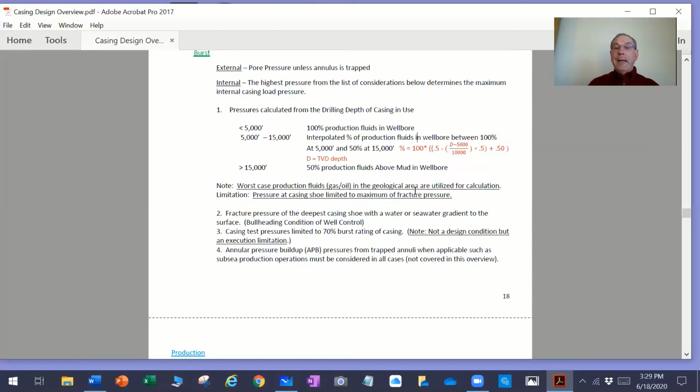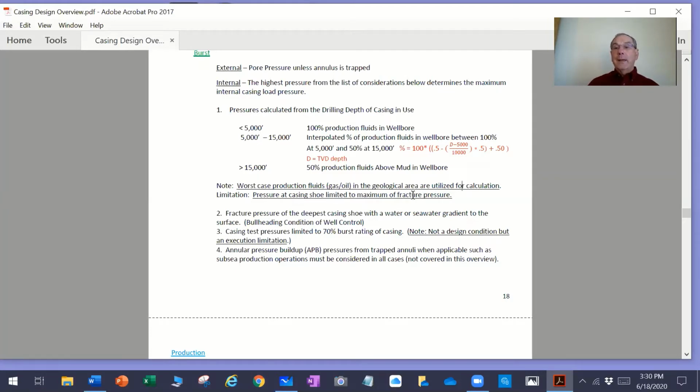It's going to be easier to show this with an example than to try to explain it, but we will start calculating the pressures at the bottom of a borehole section, and then we'll come up the hole using the criteria. If the pressure at the casing shoe that we calculate exceeds the fracture pressure, we will limit the pressure in our well bore to fracture pressure.